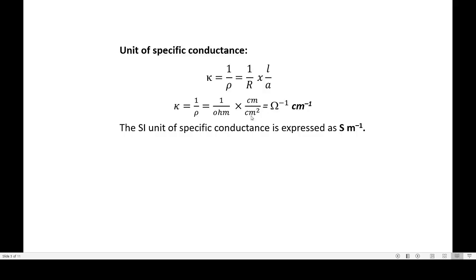One centimeter cancels, the remaining is 1 upon centimeter, so it will be per centimeter. So the unit of specific conductance is mho per centimeter, and the SI unit of specific conductance is Siemens per meter.